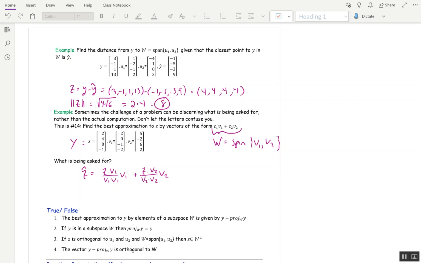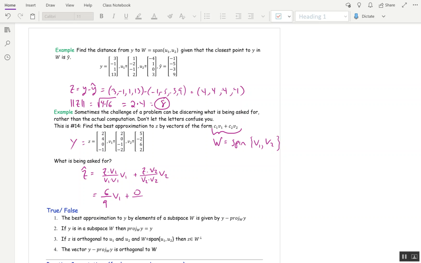All right, so z dot v1 looks to be 6. v1 dot v1 is 9. So 6 over 9 is 2/3 v1, and then I want to add on z dot v2, which is 10 take away 8 take away 2. So that's 0, fortunately.